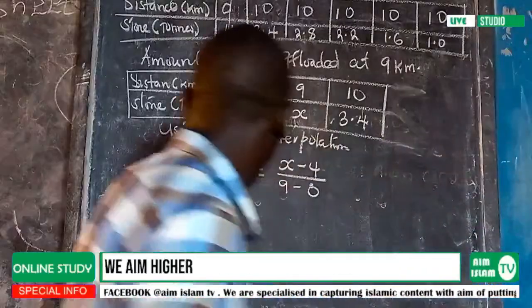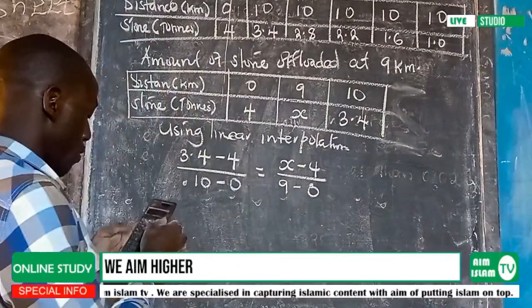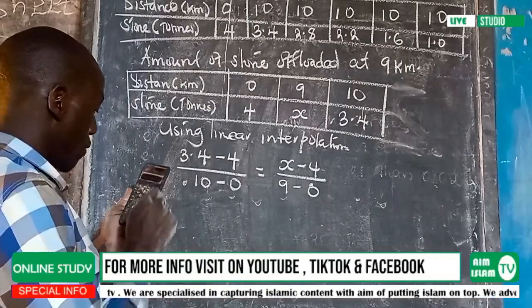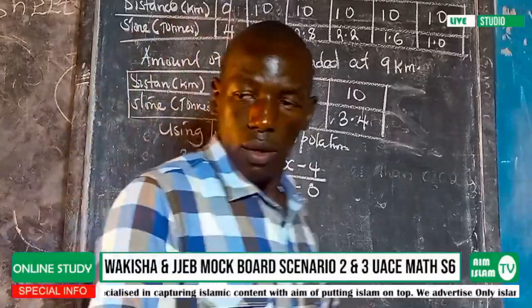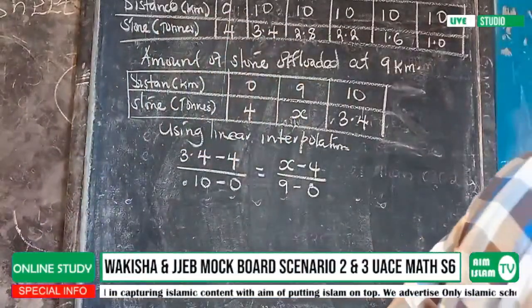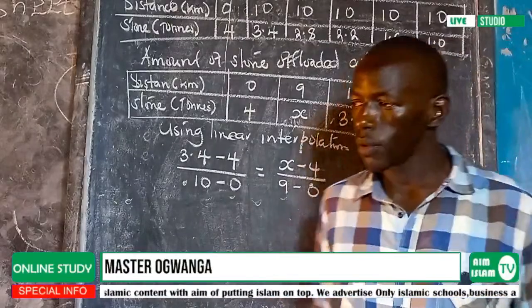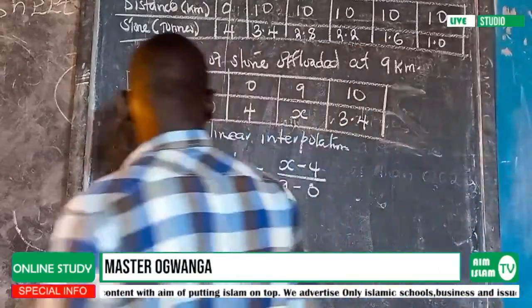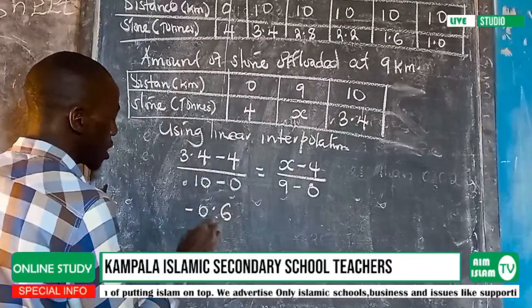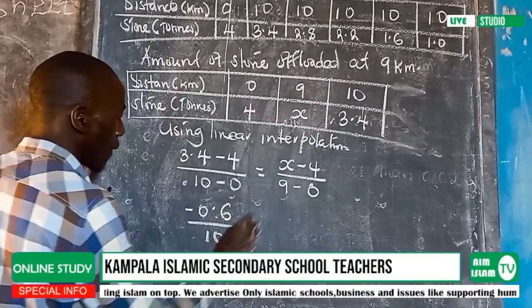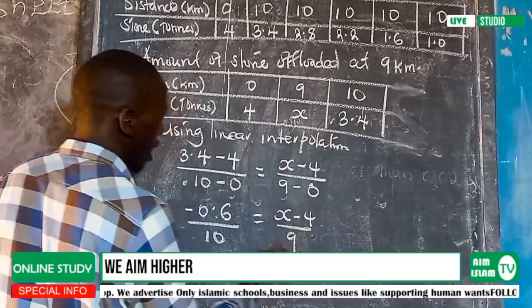So if I have 3.4 minus 4 is around negative 0.6 divided by 10 equals x minus 4 divided by 9.